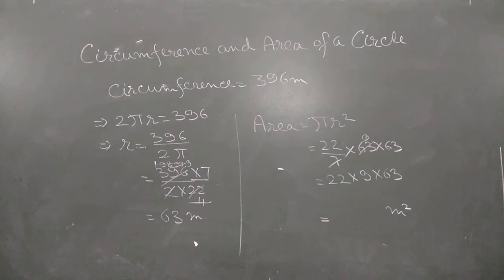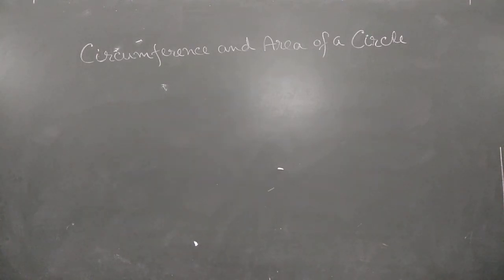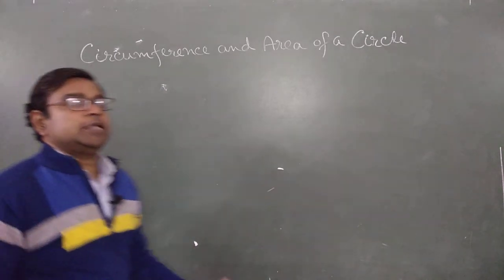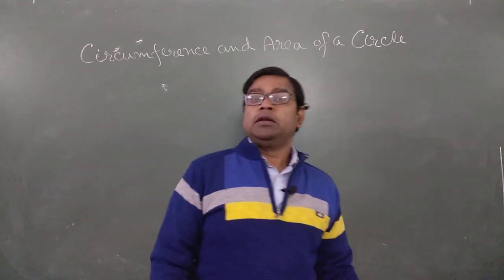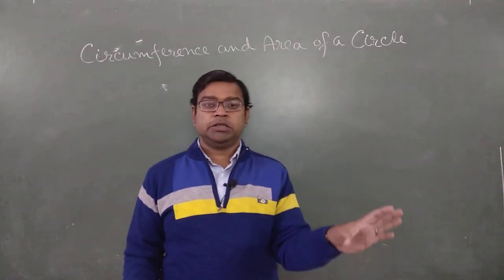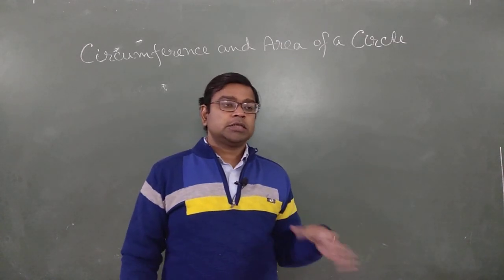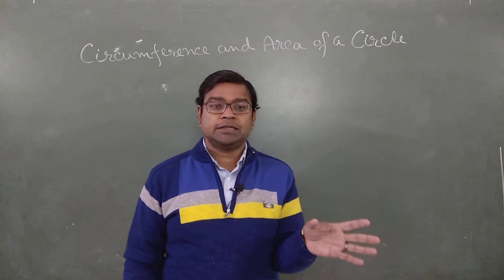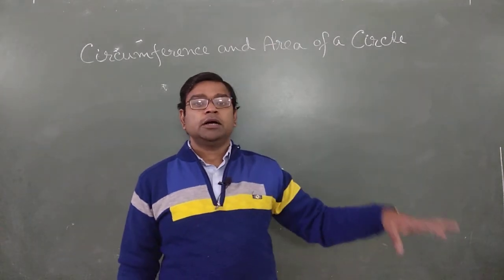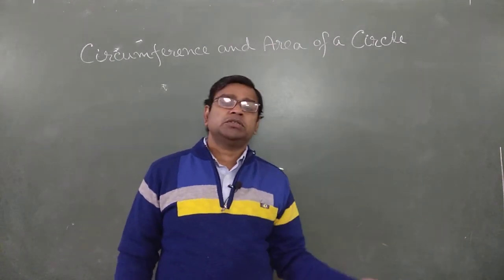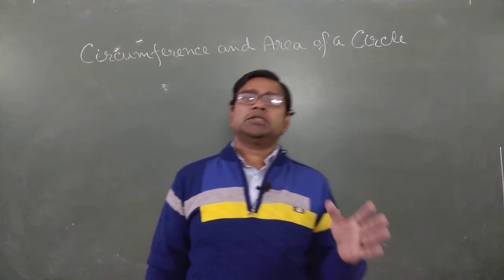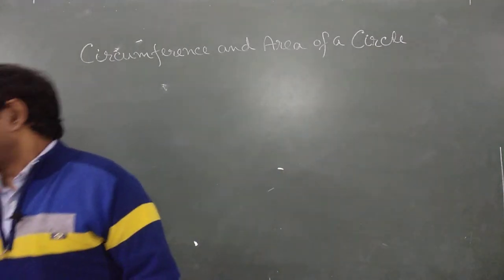Now another type of question. Let me rub the board first, then we solve. This type of question says that the diameter of a wheel is this much, and the question asks you to find the length of the distance covered in this many revolutions. Let me read the question, then you can easily understand what I want to say.